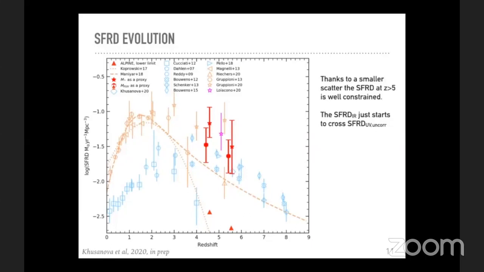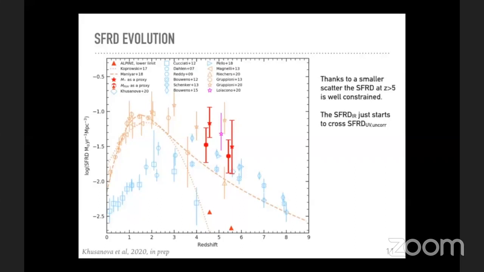You can see that at redshifts below 3, the infrared component of star formation density is clearly dominating the UV one. And it was expected that at higher redshifts, these two curves will cross eventually.